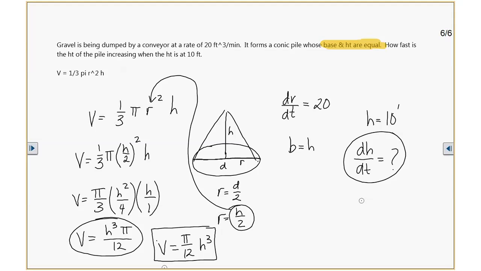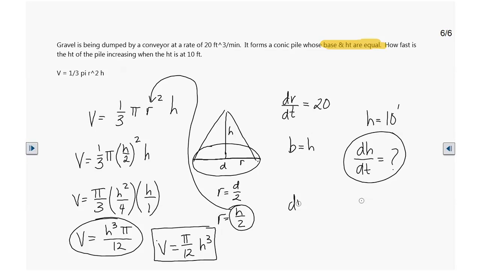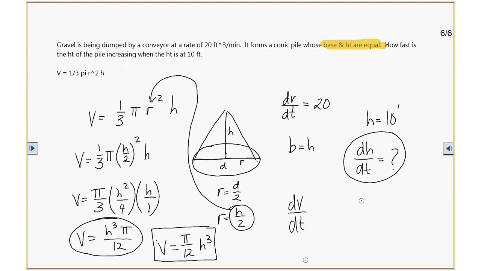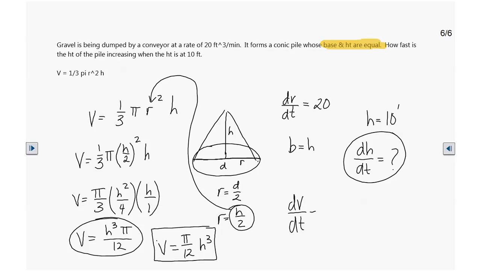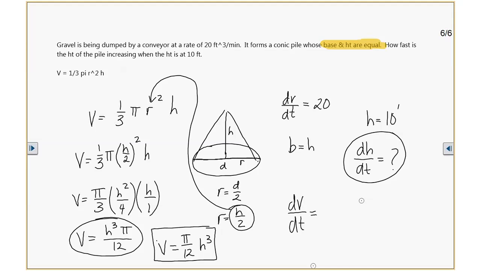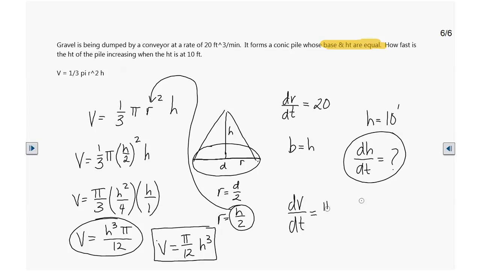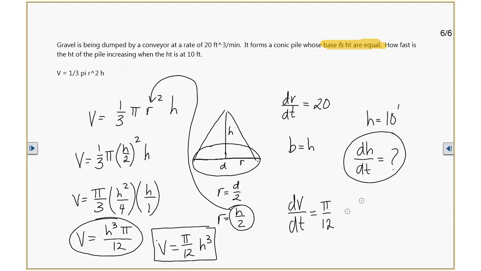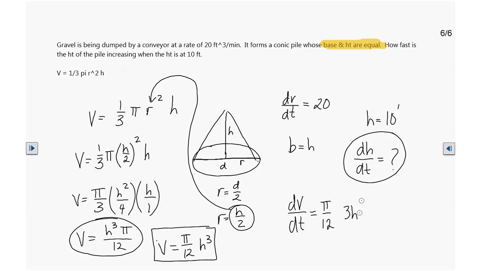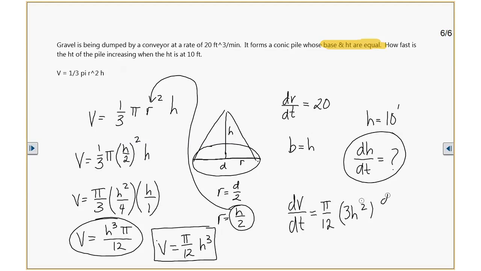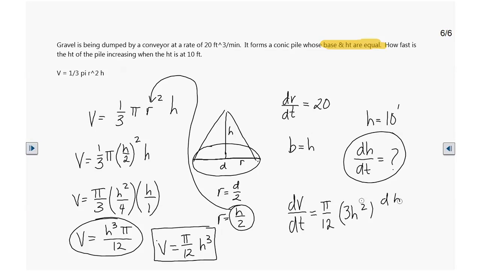Now let's take the derivative. So the derivative of V, dV/dt, is equal to pi over 12, and then that's going to be 3h squared dh/dt.